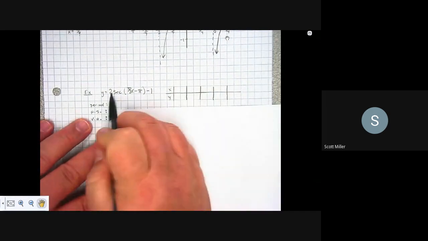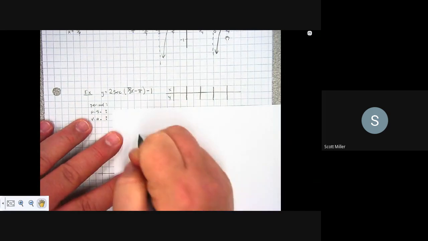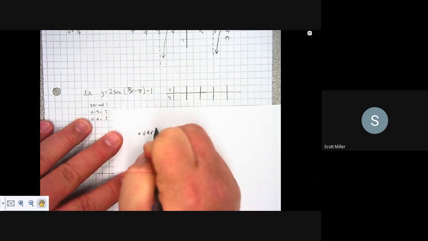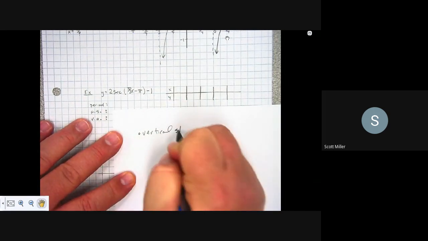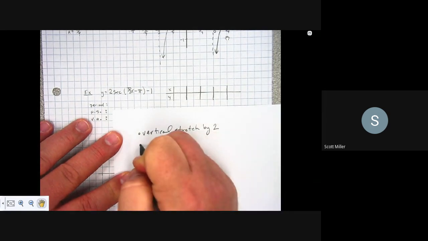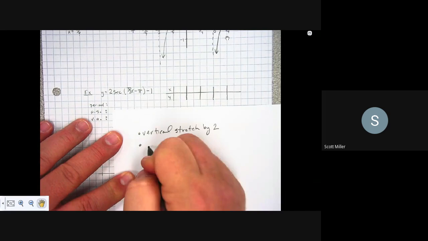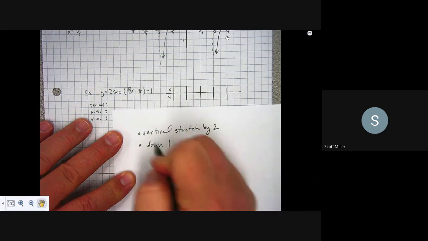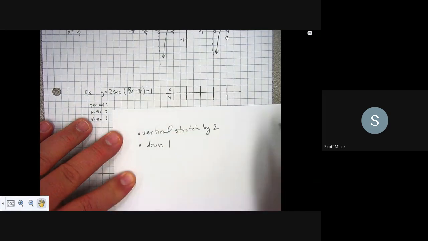Well, a number out front means I have a vertical stretch by 2 because it's greater than 1. I'm going down 1. And then the stuff on the inside here, again, we go off to the side over here. We can take the pi over 3x minus pi, set it equal to 0.